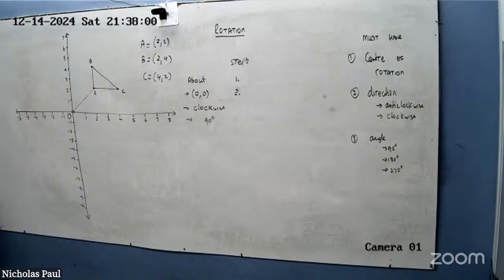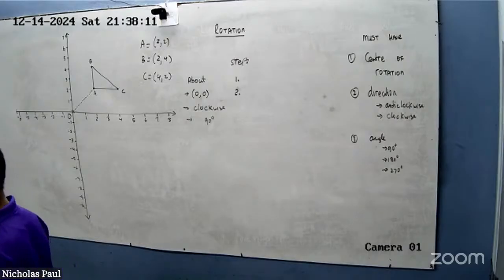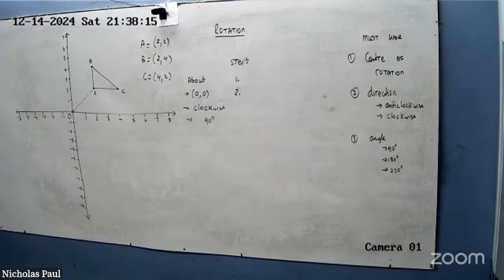Okay? Draw a line from A to O. Everything has to be perfect, perfect line, perfect measurement. Draw a line A to O, and then find its length.